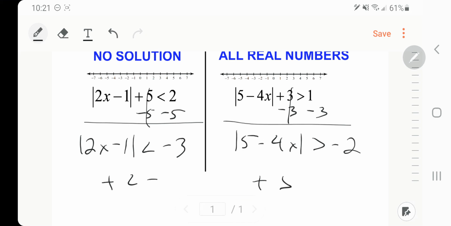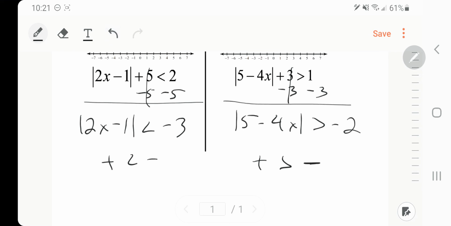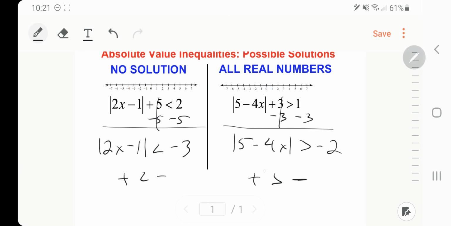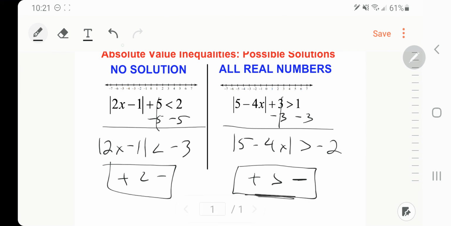And we know that it's going to have to be greater than the right side, which is a negative value.